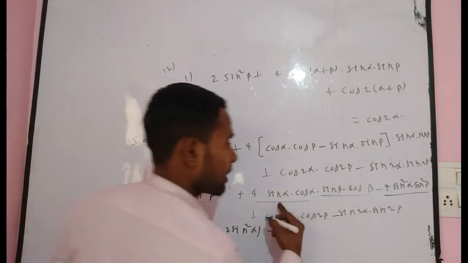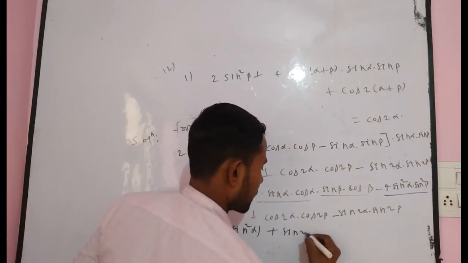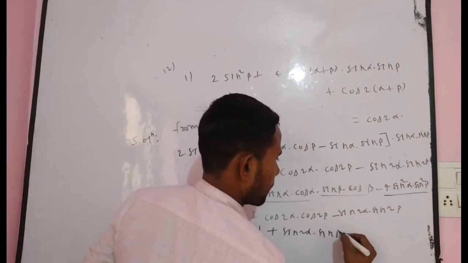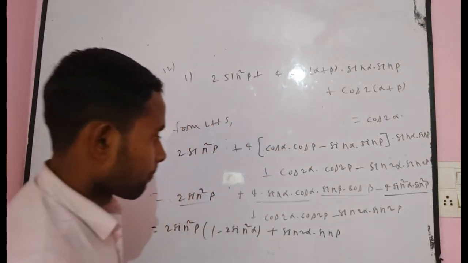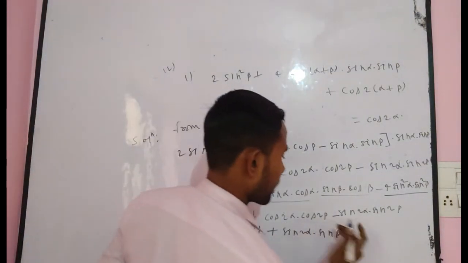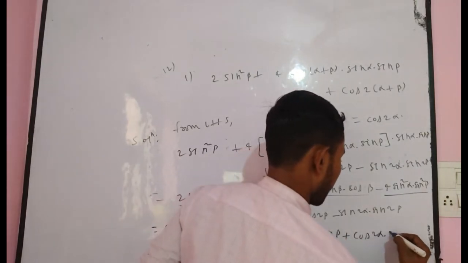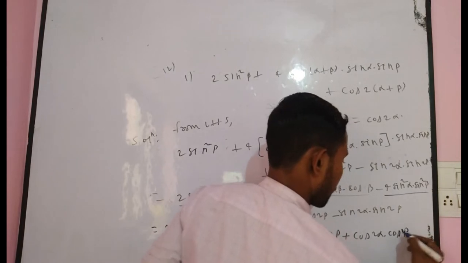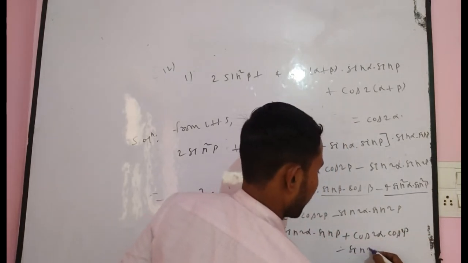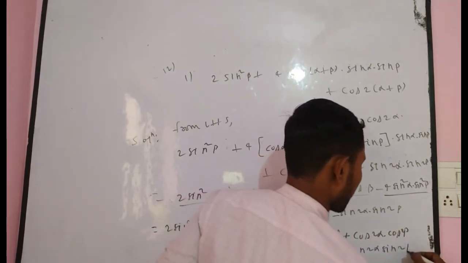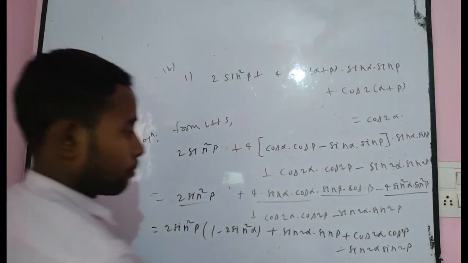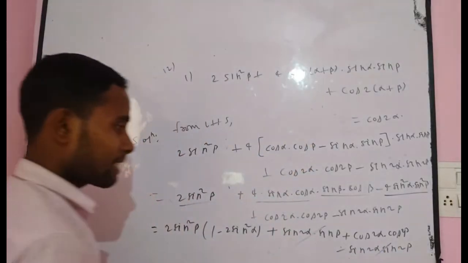Now it becomes sin 2 alpha into sin 2 beta, and here is given cos 2 alpha into cos 2 beta minus sin 2 alpha into sin 2 beta. Now both terms cancel each other.